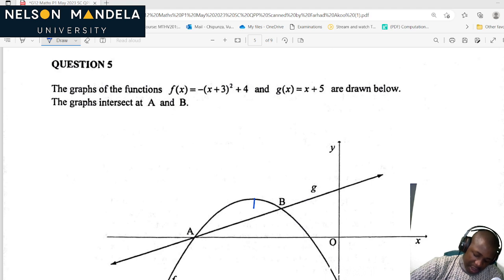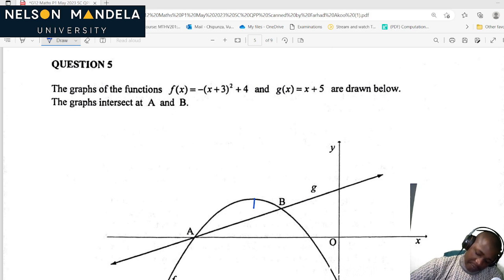Then this should be negative of x plus 3 squared plus 4 minus g of x, which is x plus 5. This is the negative of x squared plus 6x plus 9, plus 4 minus x plus 5.